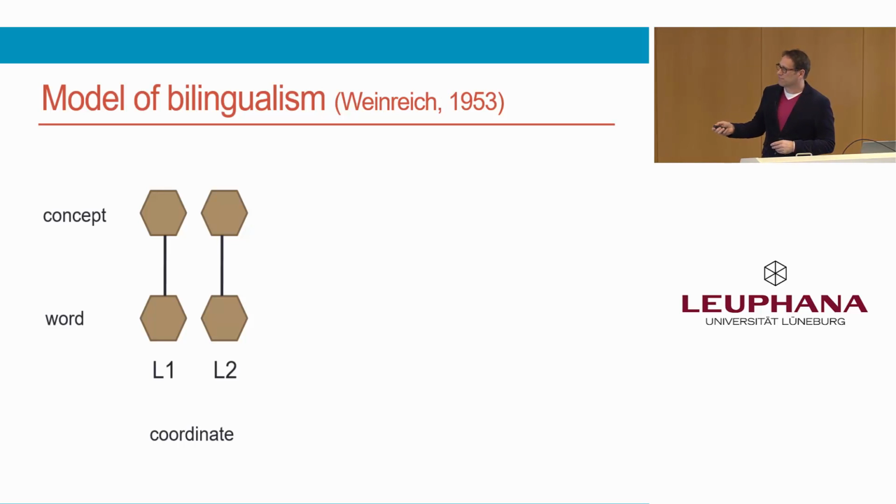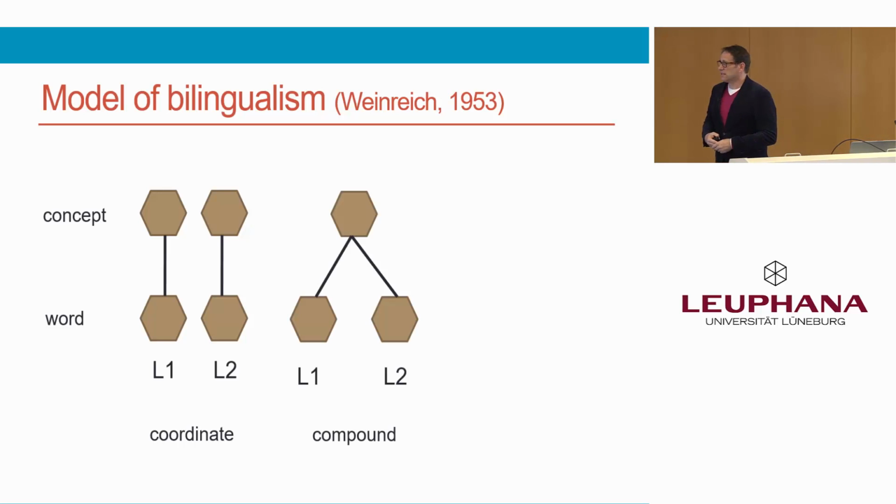And then we have, at least that's what Weinreich suggested, connections to the word forms, to the orthography and phonology of these words. And this would be a classical view back then, more than 50 years ago, of how someone who learns an L2 at a later date connects these. So you see that there are basically two separate lexicons and two separate word forms and two separate concepts.